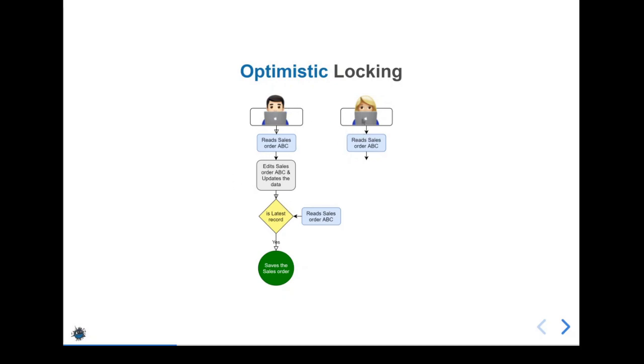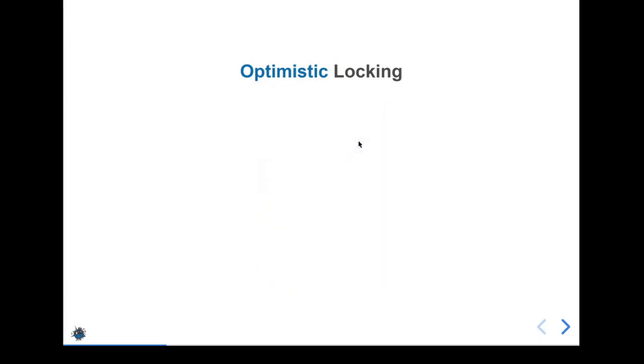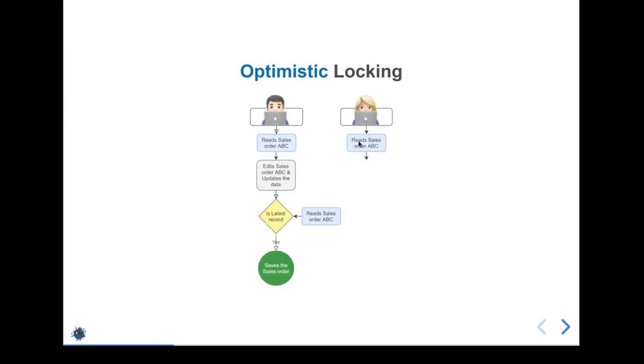Now for person B, if you see, they both read the data at the same time, but she is editing and updating the data after person A has updated it, after person A has saved the data to the database. Now what happens? The system will check if the data that she is updating is the latest record or not, whether the sales order she is updating is the latest sales order.